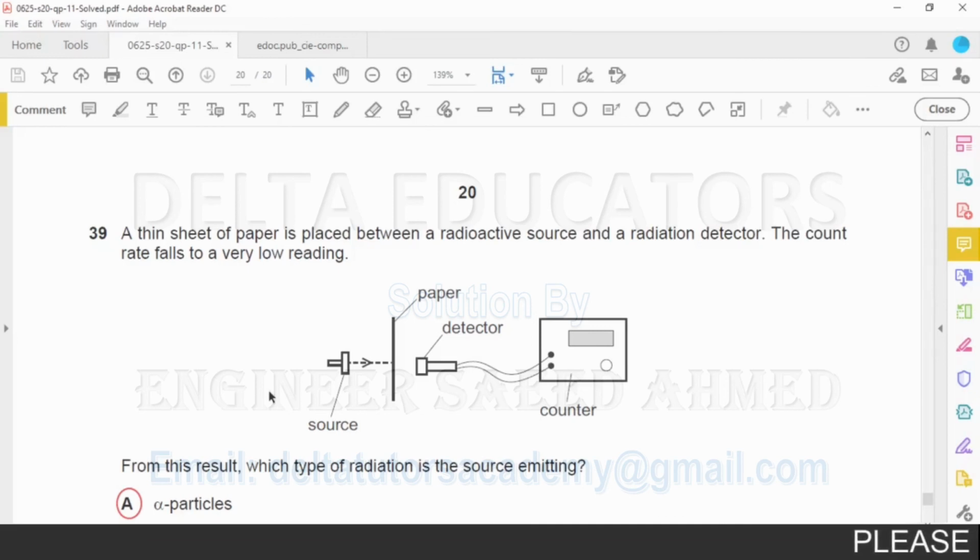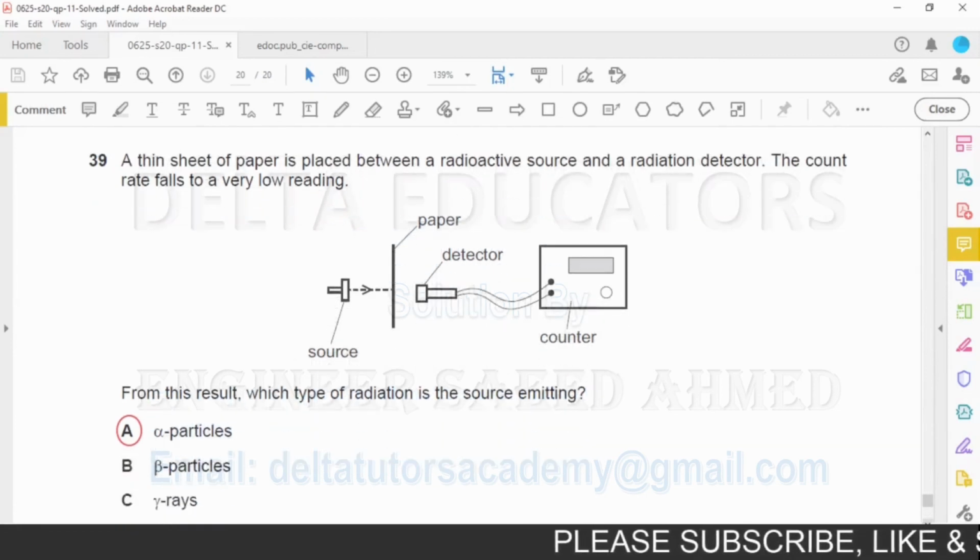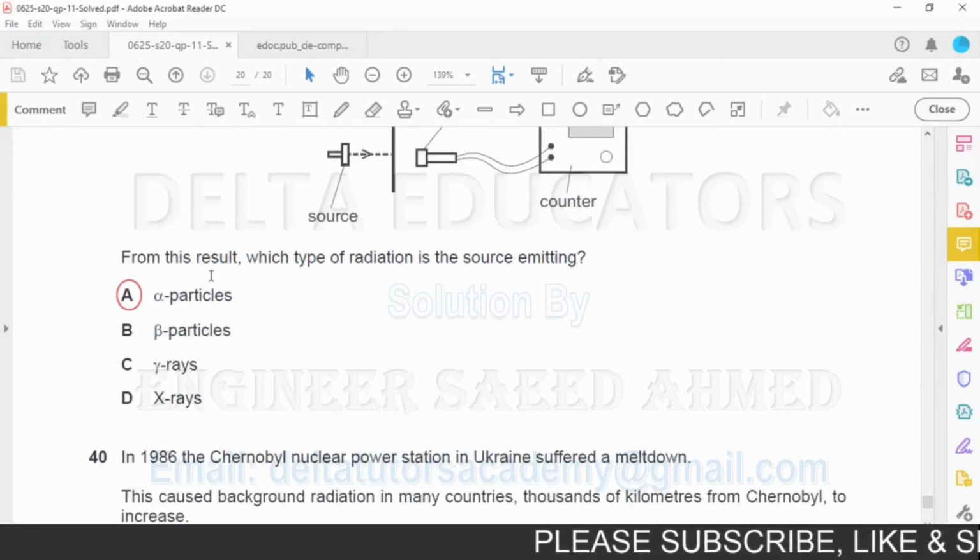Out of alpha, beta and gamma, alpha can be stopped just by a piece of paper. So here it is given that by the piece of paper most of the radiation is stopped. So the most likely radiation is the alpha particle. Alpha particle is given in option A, so the correct option is option A.